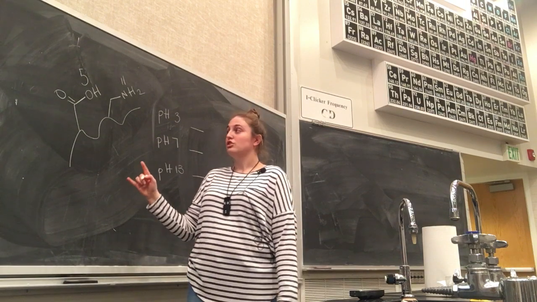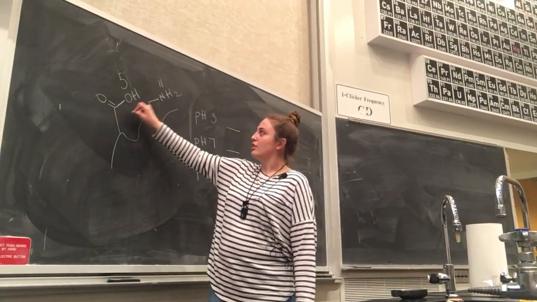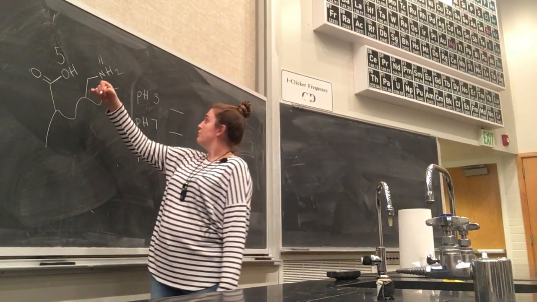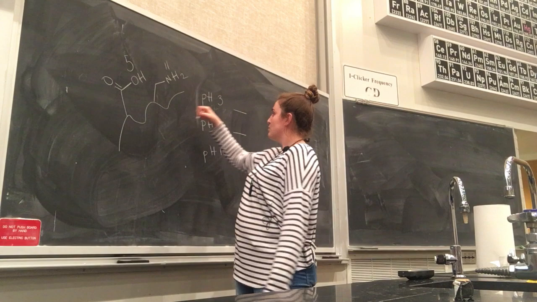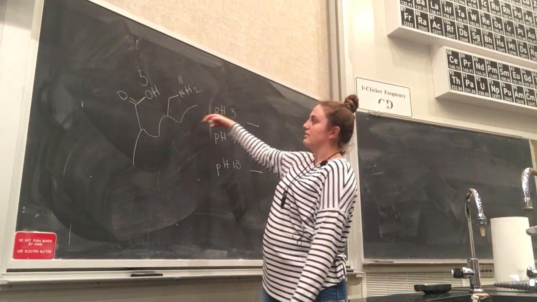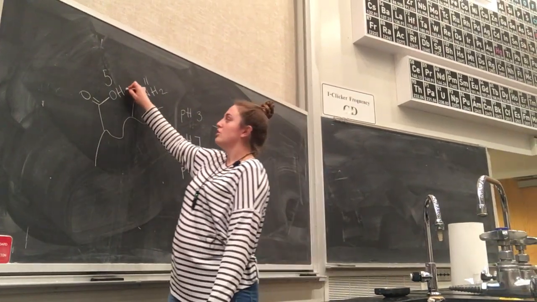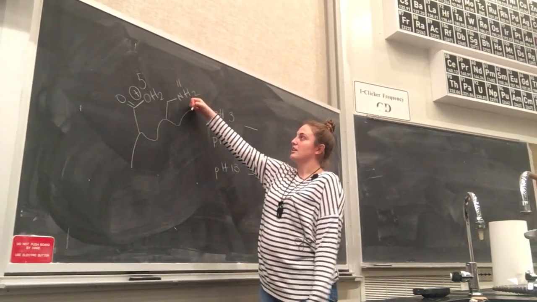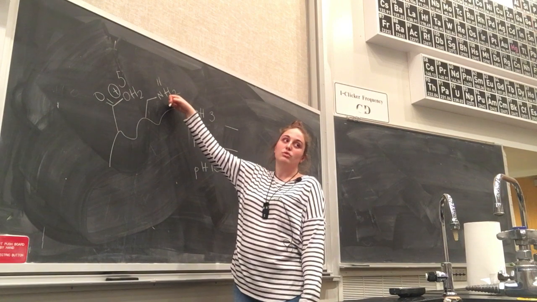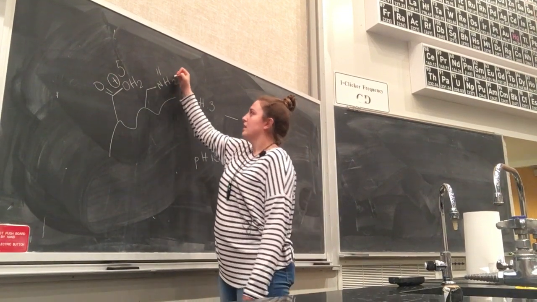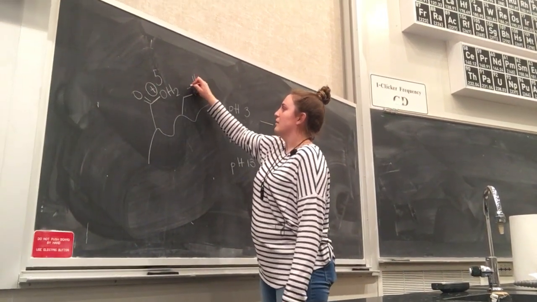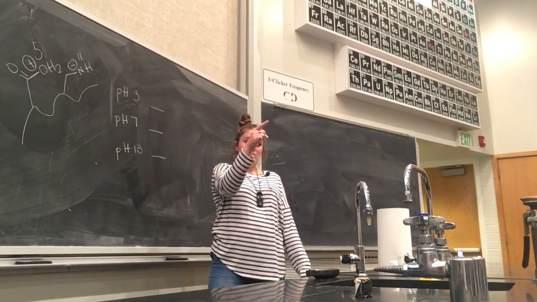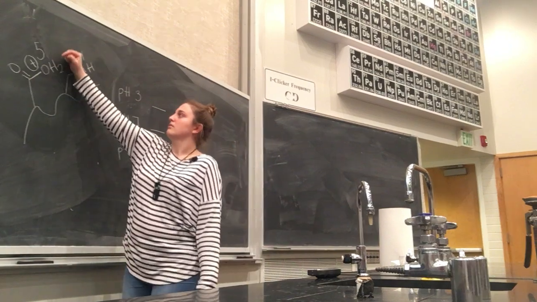The first thing you should do is consider each of them individually and how they would be at that pH. So at a pH of 3, this one is going to be positively charged, right? So it's going to have 2 hydrogens and a positive. This one has a pKa of 5, so at a pH of 3, it... oh, sorry.